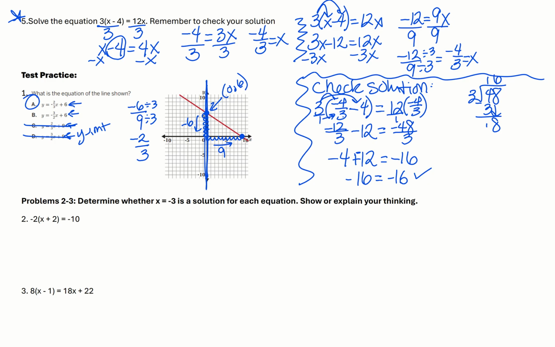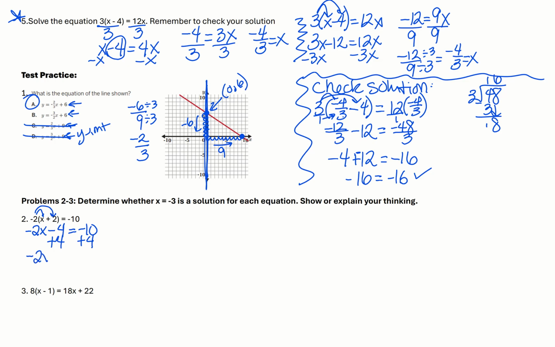So I'm going to distribute. I get negative 2x minus 4, because a negative times a positive is a negative, equals negative 10. Now, the negative 4 and the 10 are constants, so those are like terms that I want to get together. This is negative 4, so the inverse is positive 4. Do it to both sides.